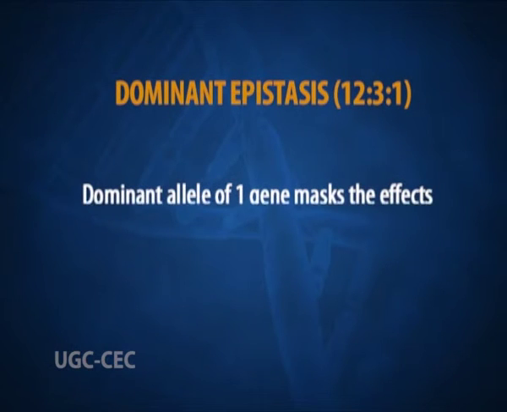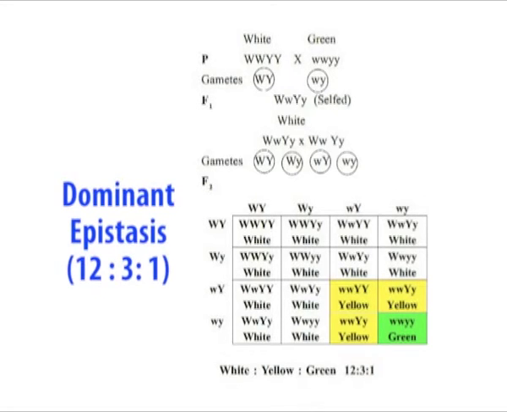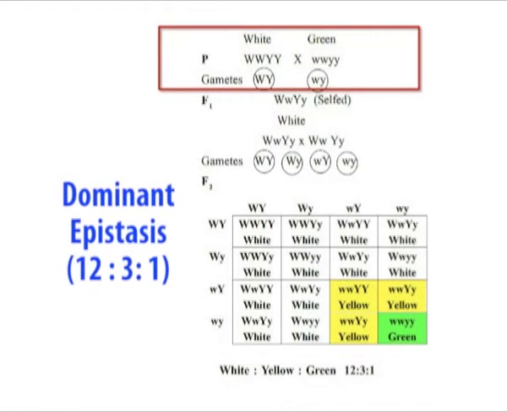When the dominant allele of one gene masks the effects of either allele on the other gene, it is called dominant epistasis. For example, in a flower, one gene locus may determine white or green pigment. Alleles of a locus, capital W and capital W small w, produce white and small w produces green flowers.